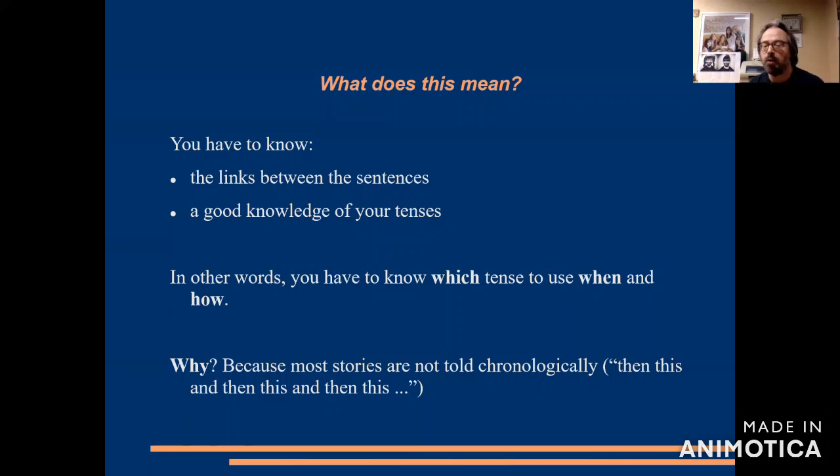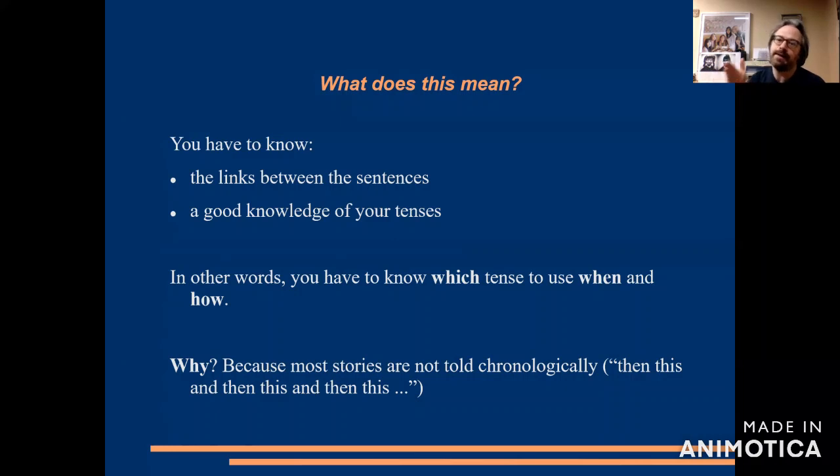Because most stories are not told chronologically, especially in films. If you watch a film or a series, in most cases, they're not going to tell you this came first and then that's how we go to the end. No, they tell a story in such a way you are more involved. You want to hear what's been going on, and also you want to be entertained.